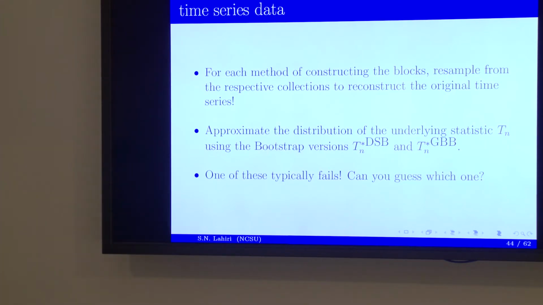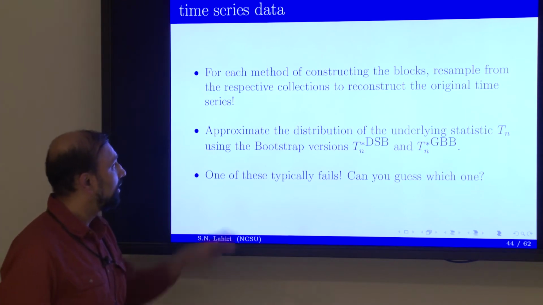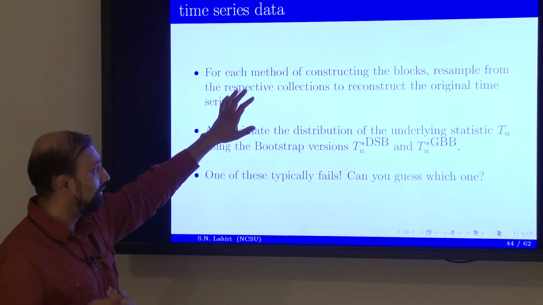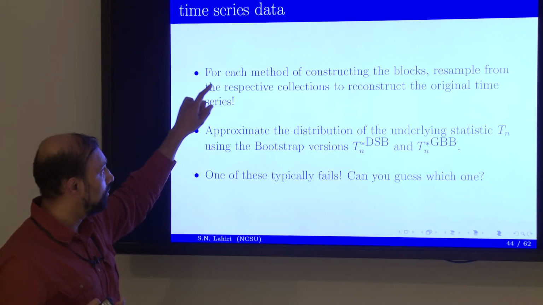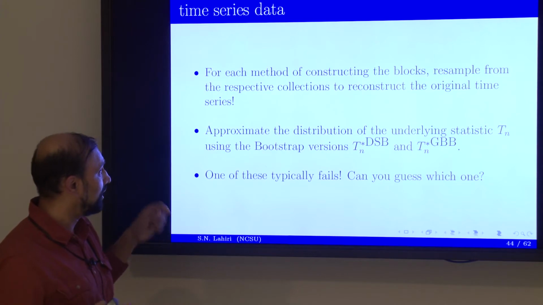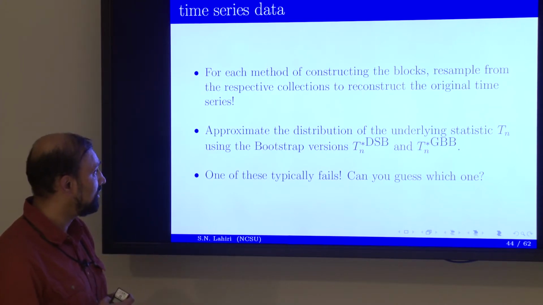And once you have defined the respective collections of blocks with whatever translation method that you have, you are going to resample. Again, if there were n observations, n by L is what you are going to look at. You are going to resample those many blocks and try to reconstruct the original series.